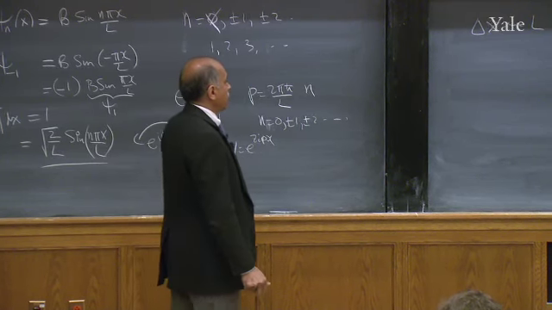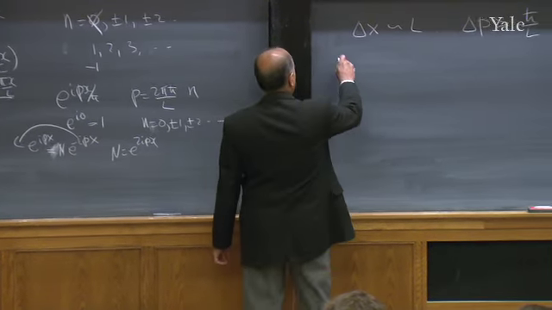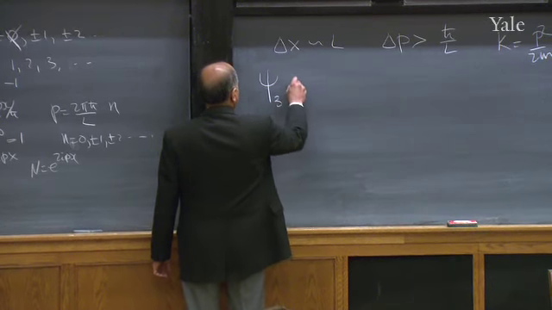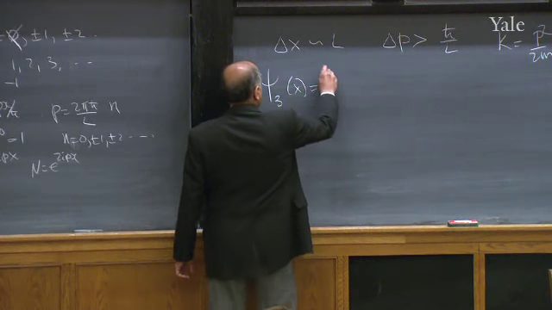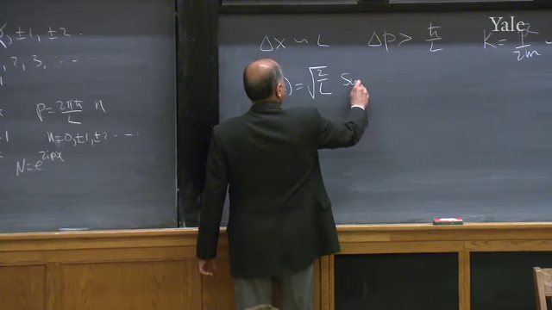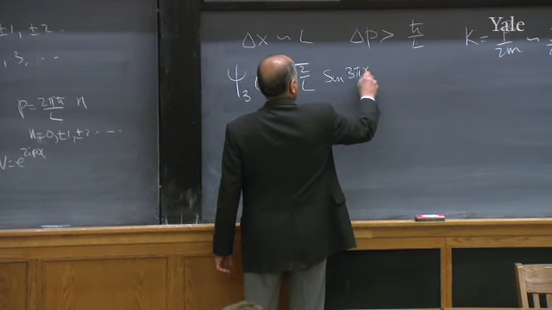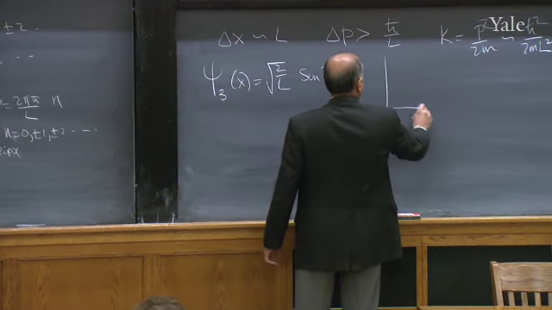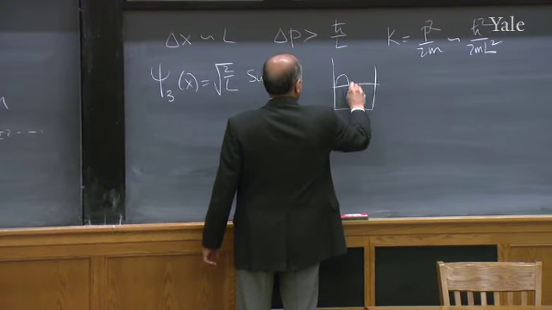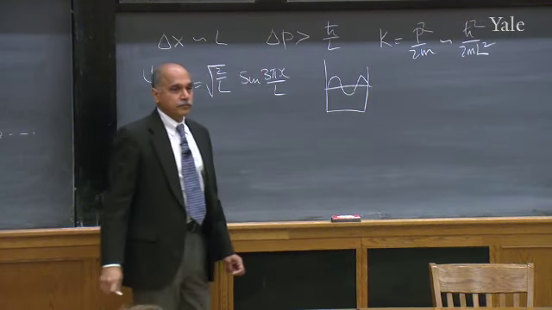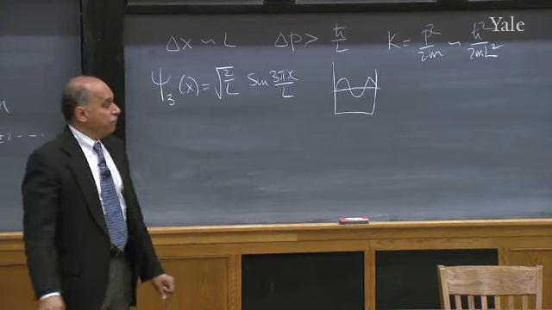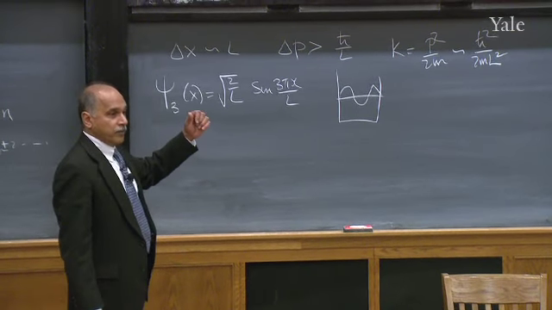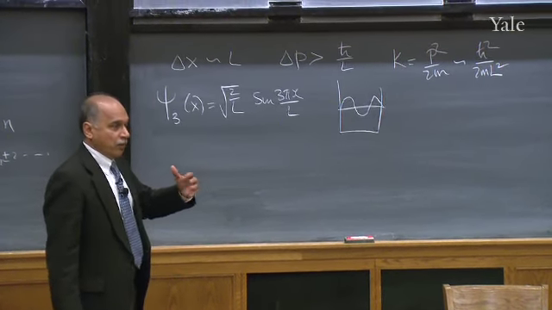So the next question was, let's take one of these functions, say psi sub 3. The square root of 2 over L sine 3 pi x over L. If you plot that guy, that function will look like this. Now, what was your question? If I measure the particle's position, what's the probability?